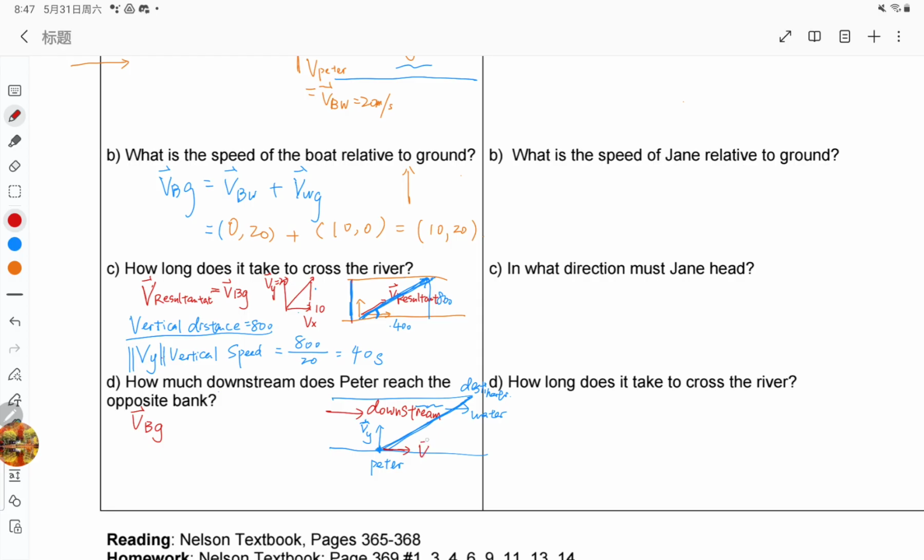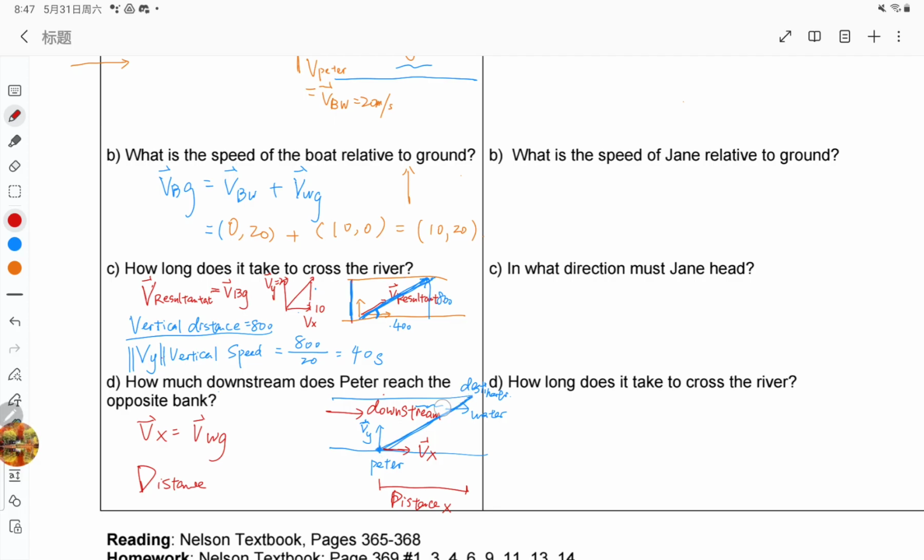This is Vx, right? So you can see that our Vx is just V water relative to the ground, right? And the distance to reach the opposite bank is just the distance x.